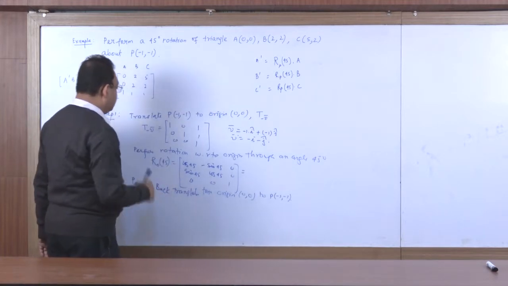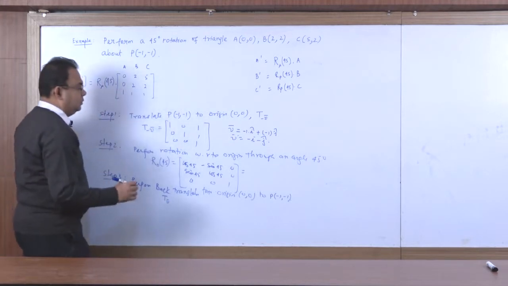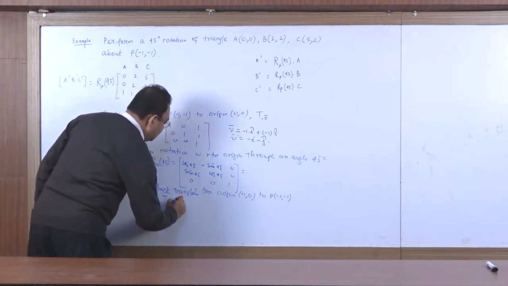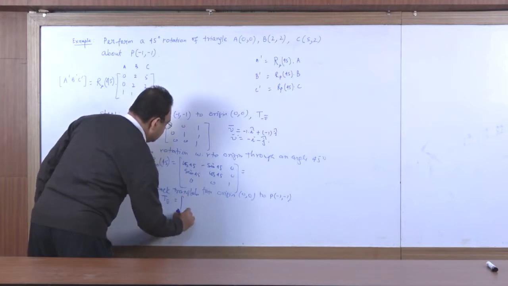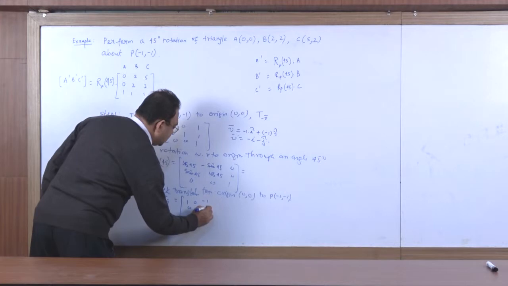This is the inverse of step 1. We are calling this operator T V, and definitely T V is 1, 0, minus 1, 0, 1, minus 1, 0, 0, 1.